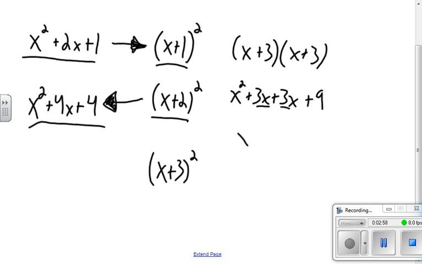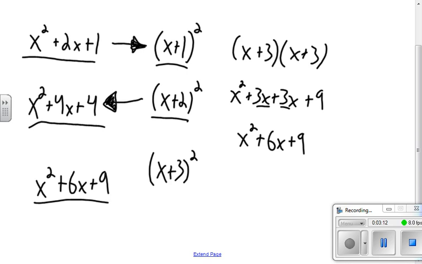Combine these like terms. We have x squared plus, oops, this is going to be a 6x plus 9. So that's our perfect square trinomial. The perfect square is a trinomial, and the perfect square is a binomial squared. So these two are matched together.